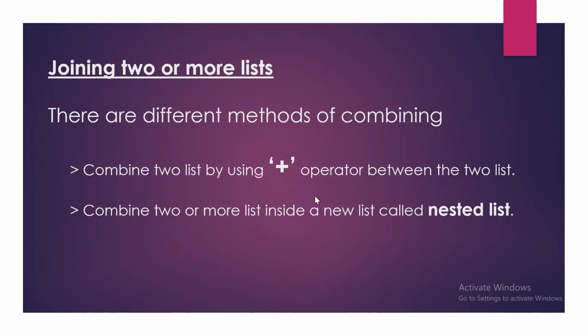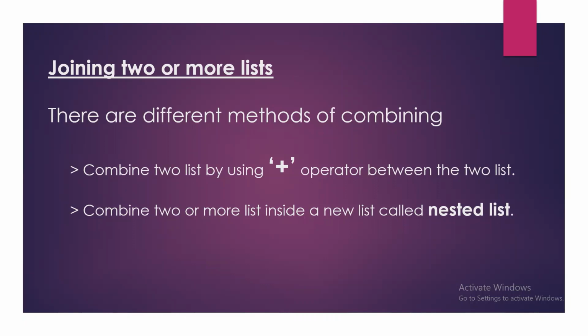And there is also another method to combine two lists, and that is nested list. And we use a square bracket and a comma between the two lists to combine those two lists using nested list method. So let's see how we can combine two lists by using plus operator and nested list method.